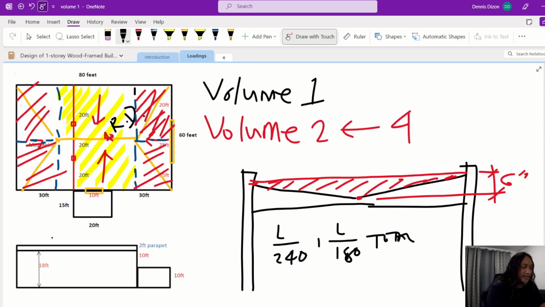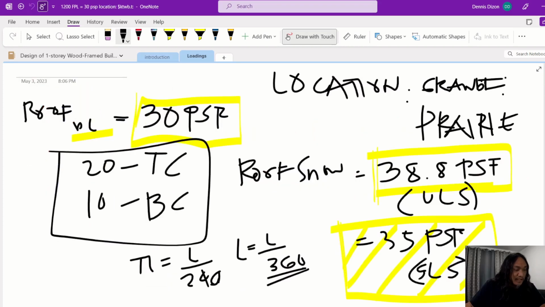So we already have the roof dead load. How much was our dead load from last time? Was that 30? Yeah, 30.